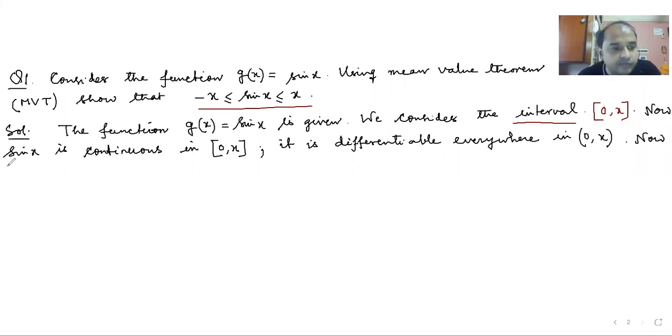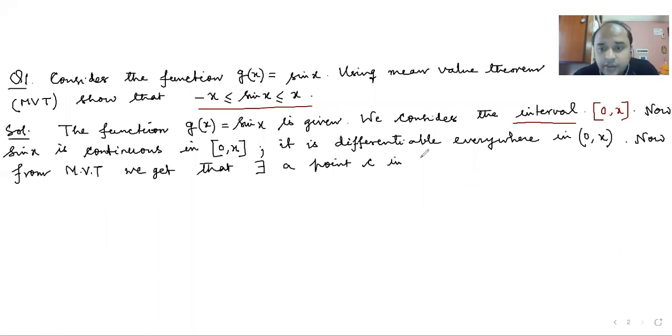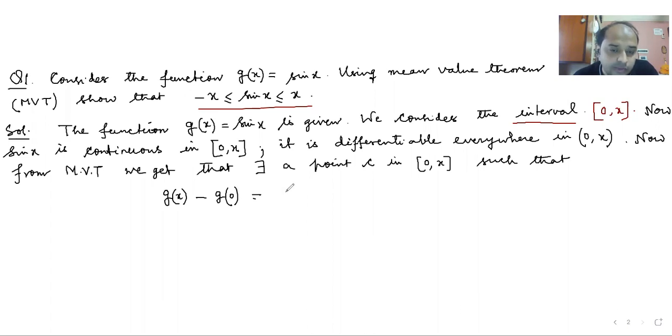Now from the mean value theorem, we get that there exists a point c in the interval (0, x) such that g(x) minus g(0) is equal to g'(c) into x minus 0.